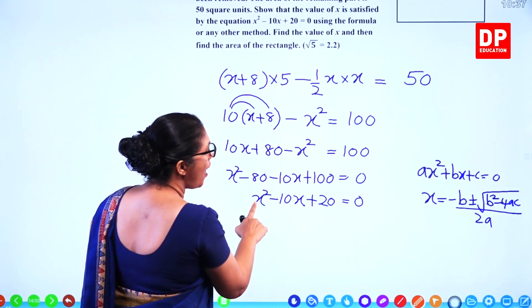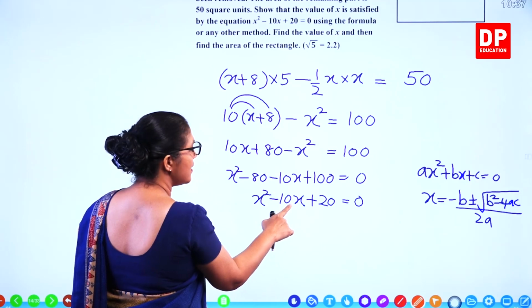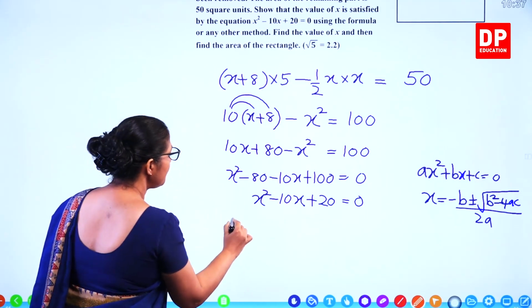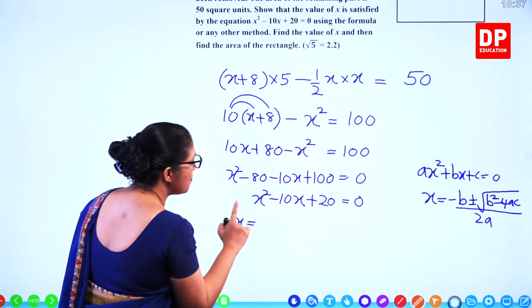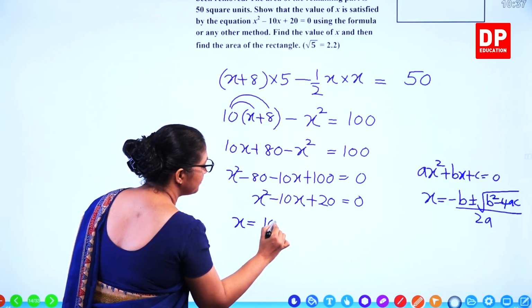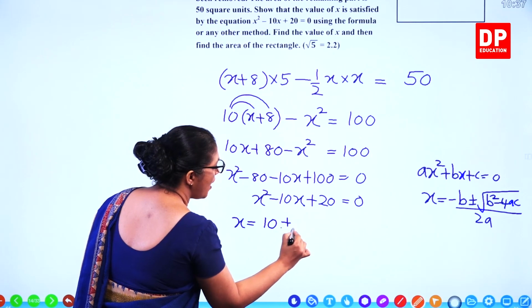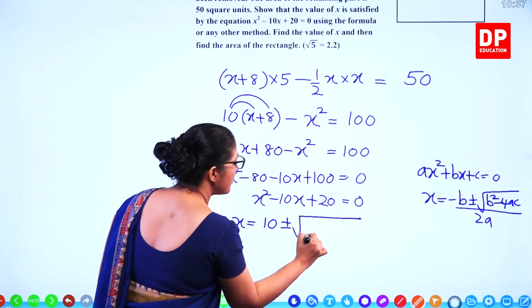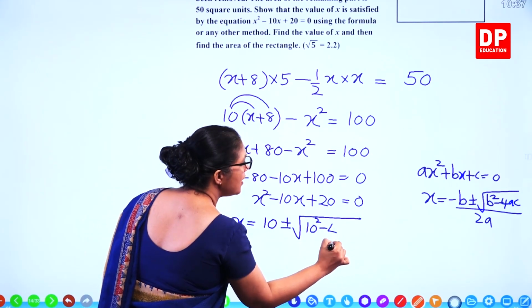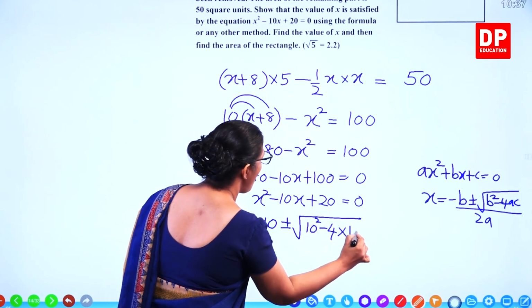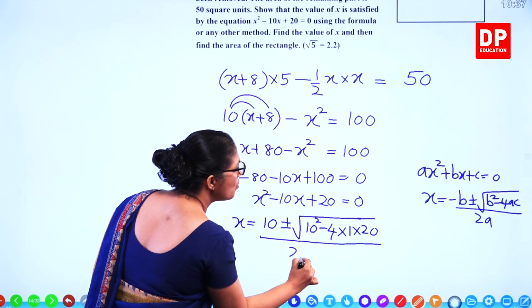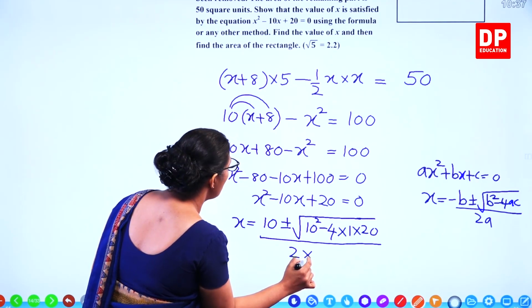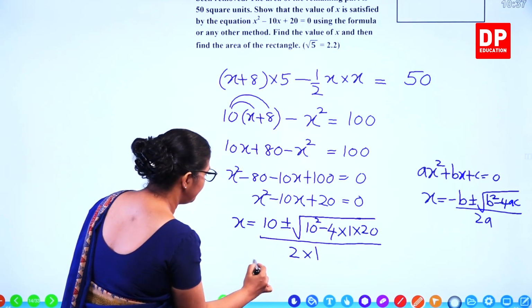So a is 1, b is minus 10, c is 20. So x is equal to minus b, so plus 10, plus or minus root of 10 squared minus 4 into 1 into 20 over 2a. a equals 1.